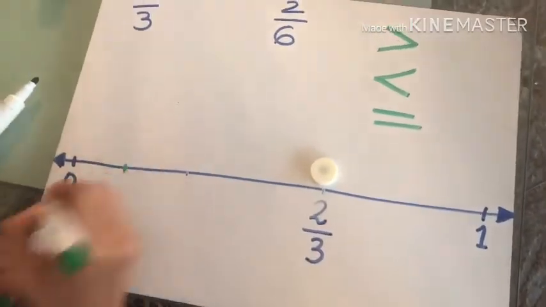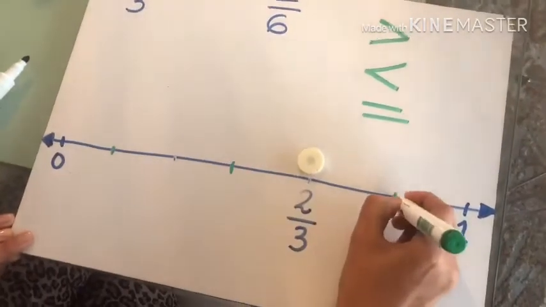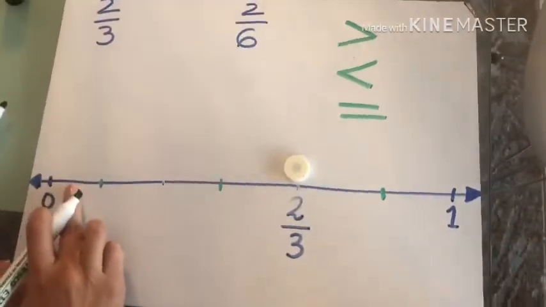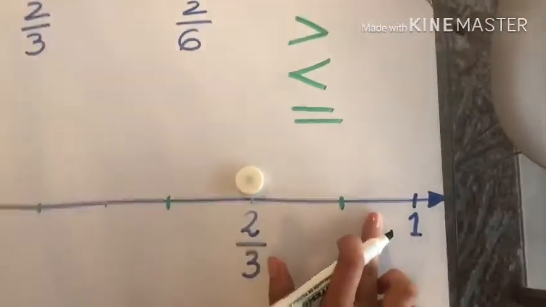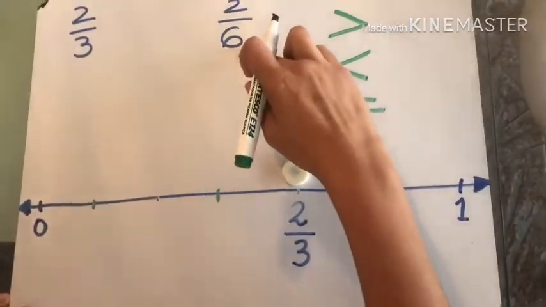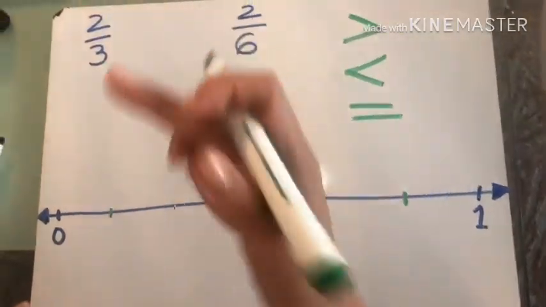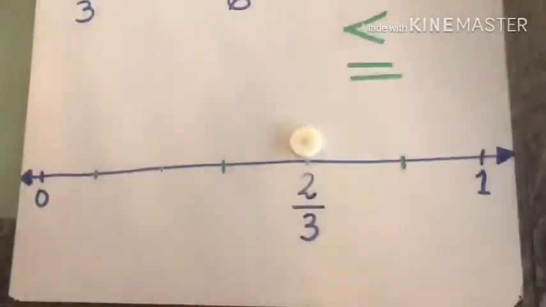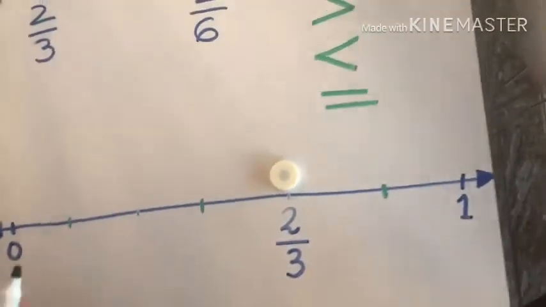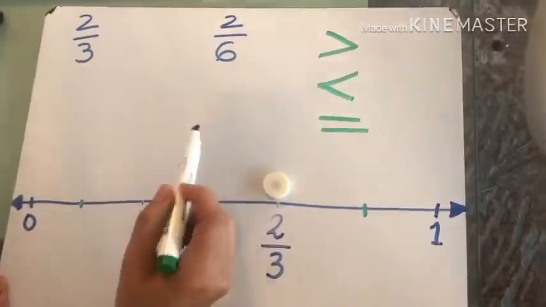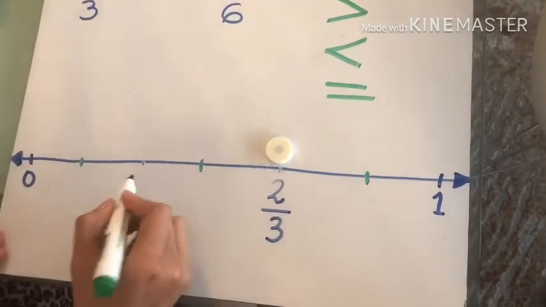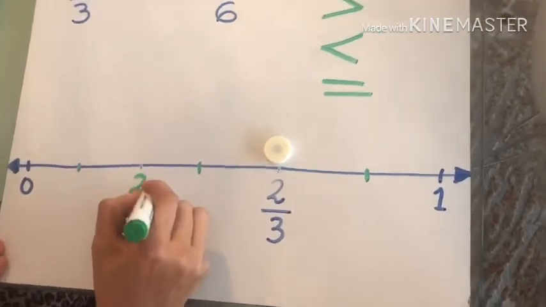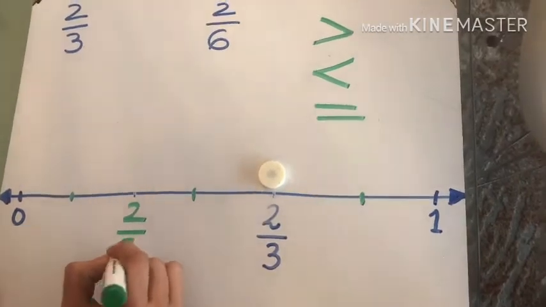So I have 1 piece, 2 pieces, 3, 4, 5, and 6, because this is what my denominator is showing me. So now I get to place my second fraction. So if we're now doing sixths, and we start by 0/6, 1/6, 2/6, my 2/6 will go right here.